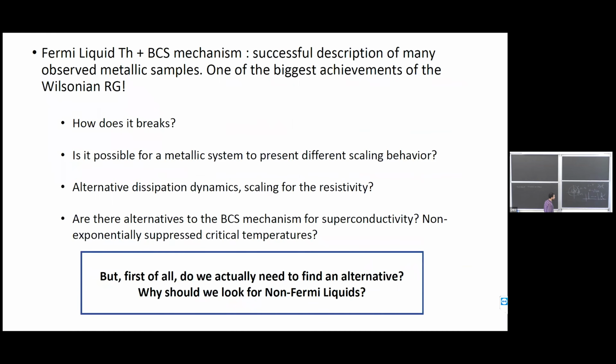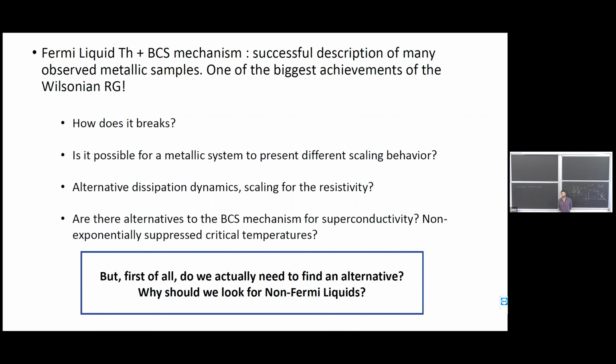So at this point, let me just say that I have given a talk about Fermi liquid theory. Non-Fermi liquid theory is exactly whatever deviates from this theory of weakly coupled quasi-particles. More precisely, a non-Fermi liquid metal will have fermions, but will have no well-defined quasi-particles.